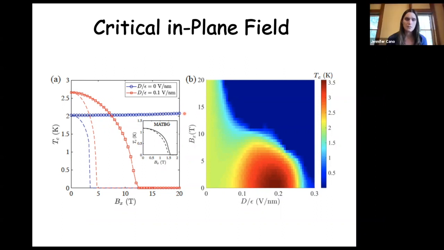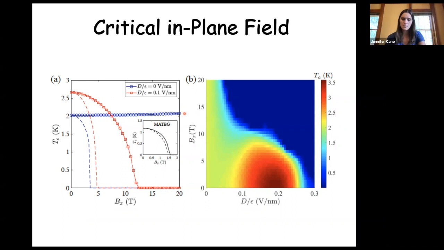So in the TMD heterobilayers, it's not really that the interlayer tunneling plays no role. It's just that it's far enough away in energy. You don't have both degrees of freedom present at once.